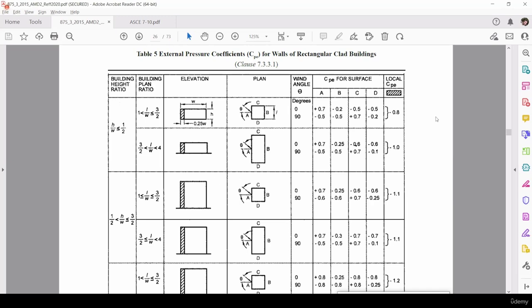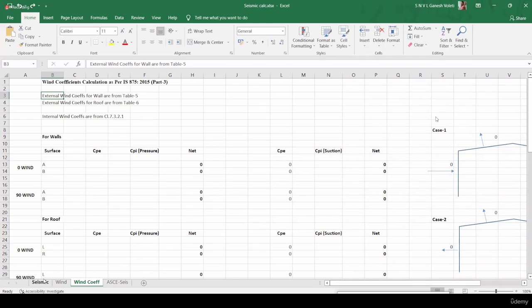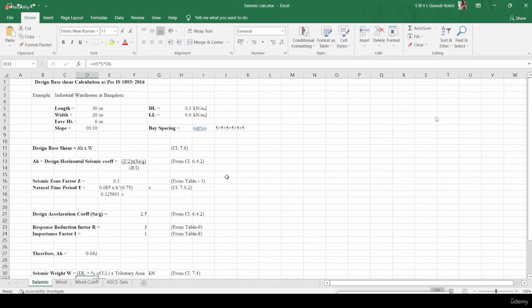From the last class onwards, we are taking one example to see how the wind and seismic coefficients are calculated, and I'm using the same example for this session. The length of the building is 30 meters, width 20 meters, eave height, the height from base to the top of the eaves, is 6 meters, and the roof slope is 1 in 10.